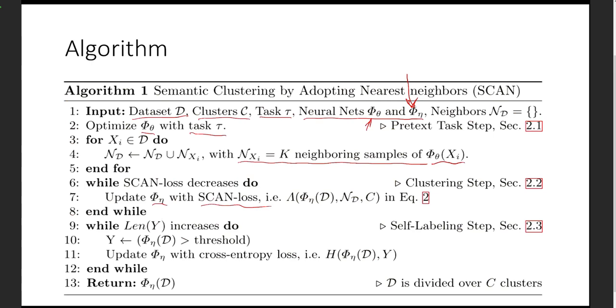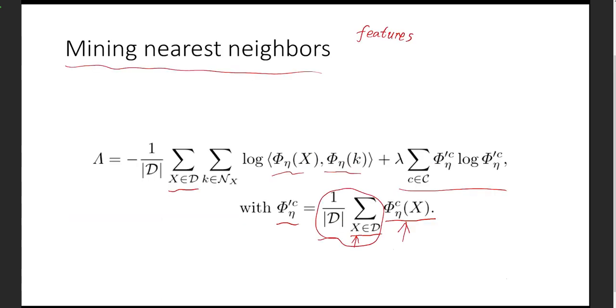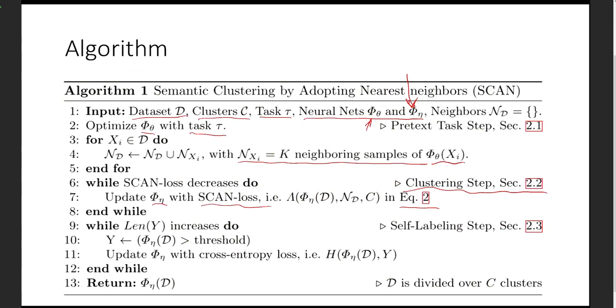Okay, this is the clustering step, with this equation to update the softmax function, because they have learned the phi of data from the contrastive learning. Then this one is to optimize the softmax function.